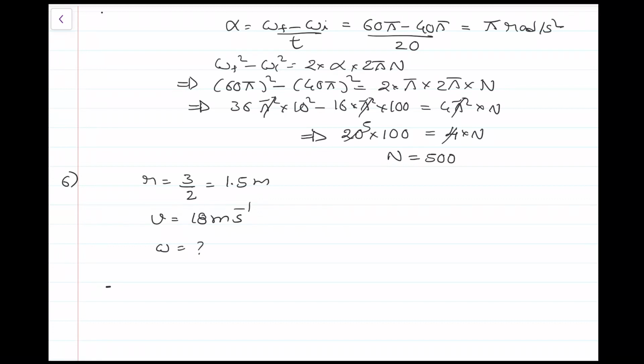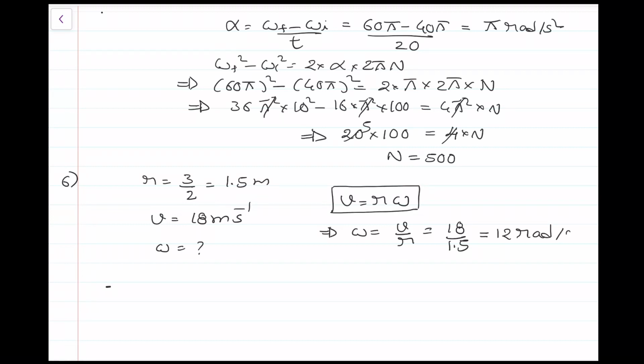From the relation between linear velocity and angular velocity, v is equal to r omega. So angular velocity omega is equal to v by r, which is 12 radian per second.